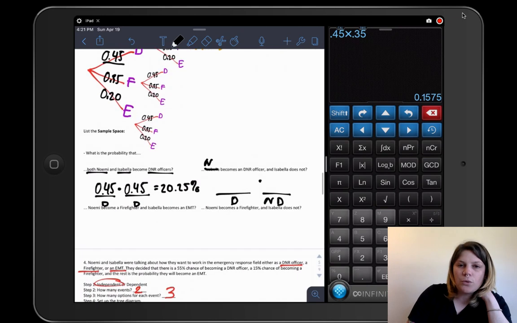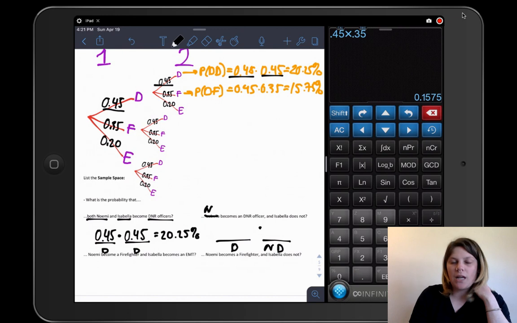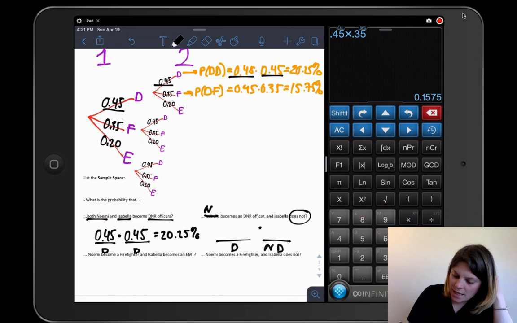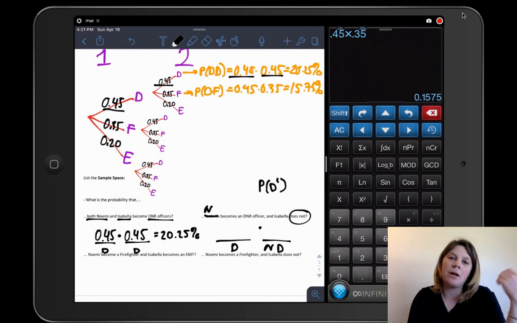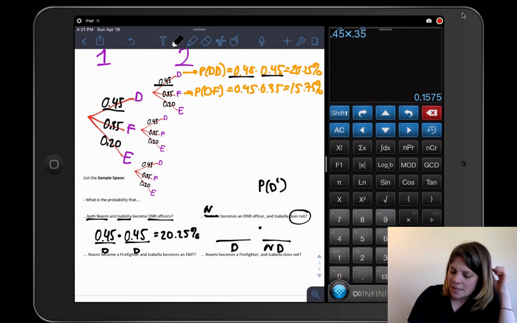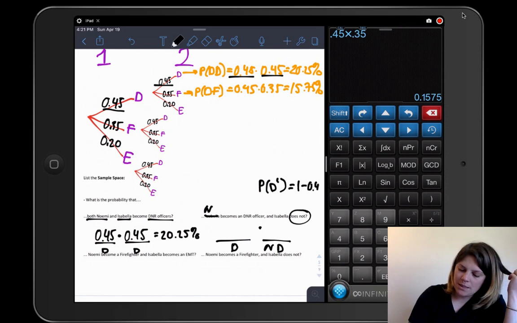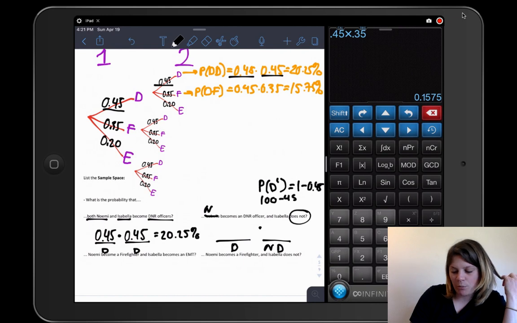And I could go through all of these scenarios and add up all the ones where it's not a DNR officer. However, does not just means subtract from 100, right? It's like the probability of D prime when we were talking about Venn diagrams or spinners. Probability of something not happening is just 1 minus the probability that it does happen. Or we could say it's 100% minus 45%.